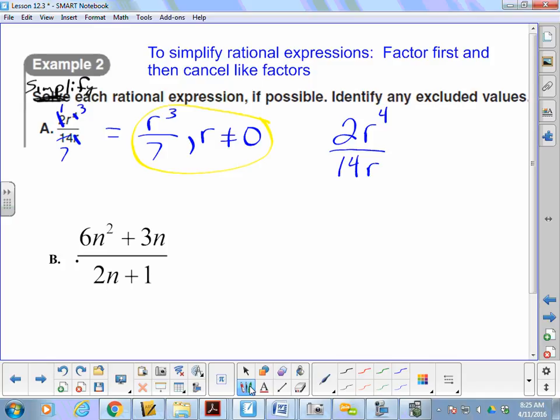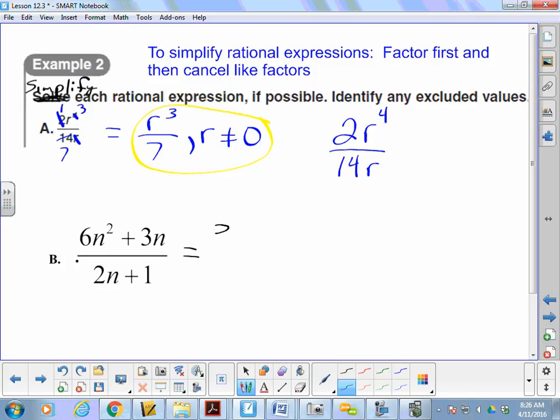So here in the numerator we have 6n squared plus 3n. Do they have anything in common? A 3 and n.